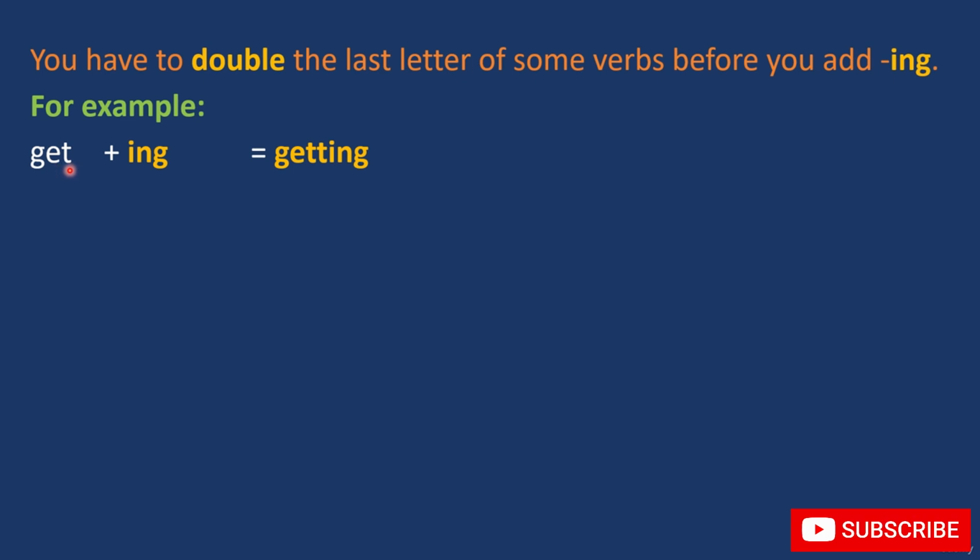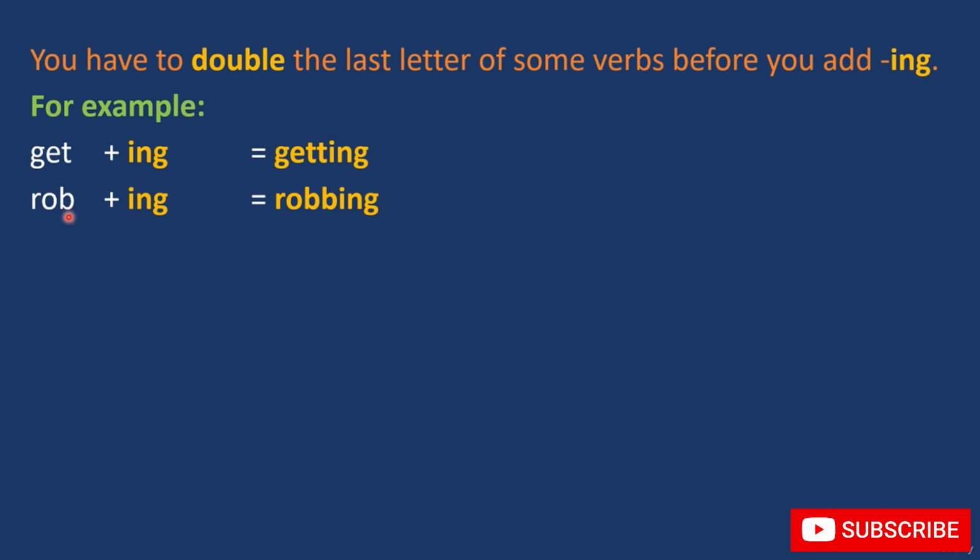If the verb ends with a consonant and before the consonant I have a vowel, I double the consonant before I add ing. So here, getting, getting. Again, if the verb ends with a consonant and before the consonant I have a vowel, and I need to add ing, I double the consonant before adding ing.